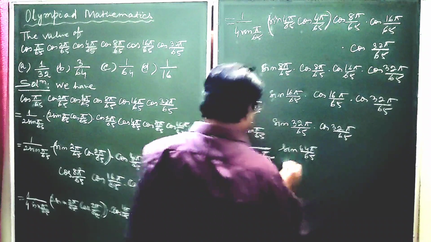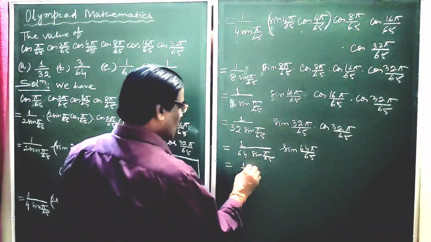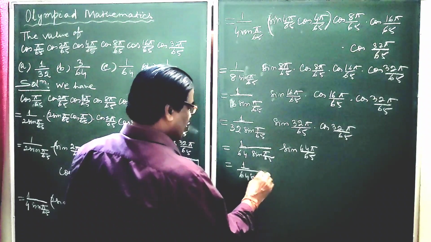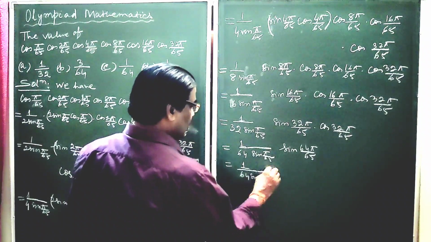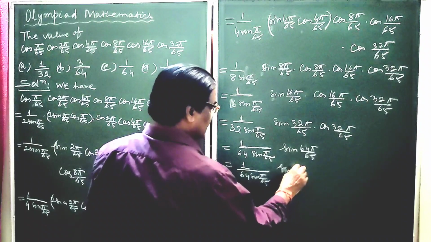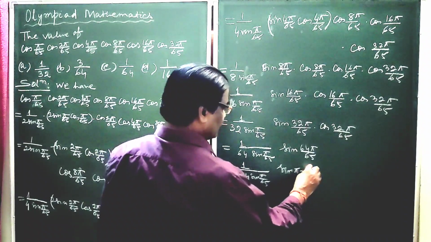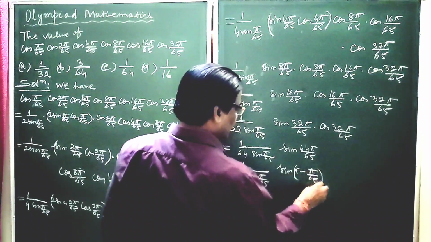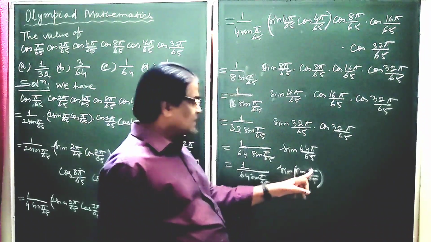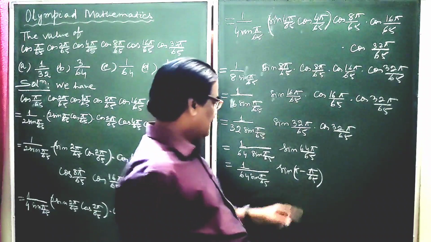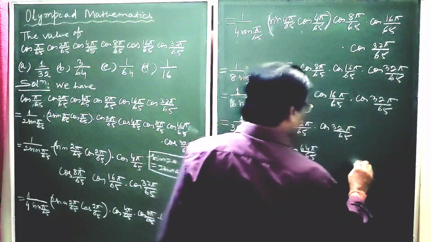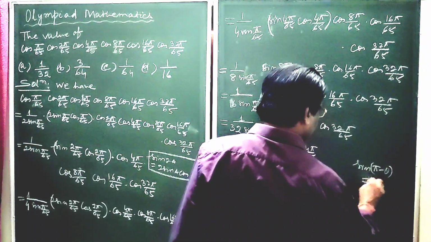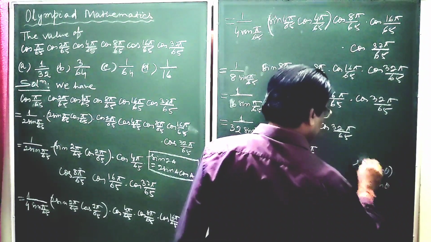This is equal to 1 by 64 sin pi by 65, and this can be written as sin of pi minus pi by 65. So 65 pi minus pi is 64 pi by 65, and we know sin of pi minus theta is equal to sin theta.